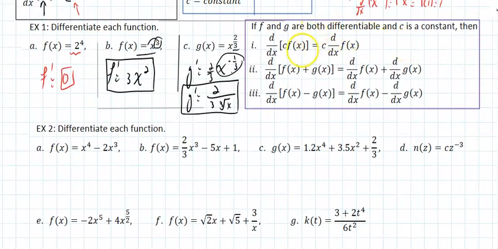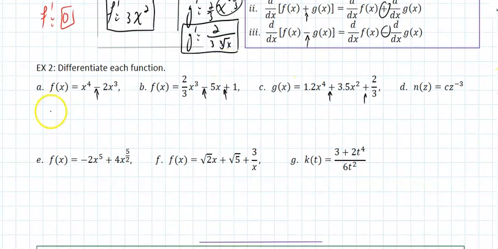Now, if you're taking a derivative and you see a function multiplied by a constant, ignore the constant and take the derivative of the function. If you see two functions added, take a derivative of each and just add the results. And if you see them subtracted, the same deal.